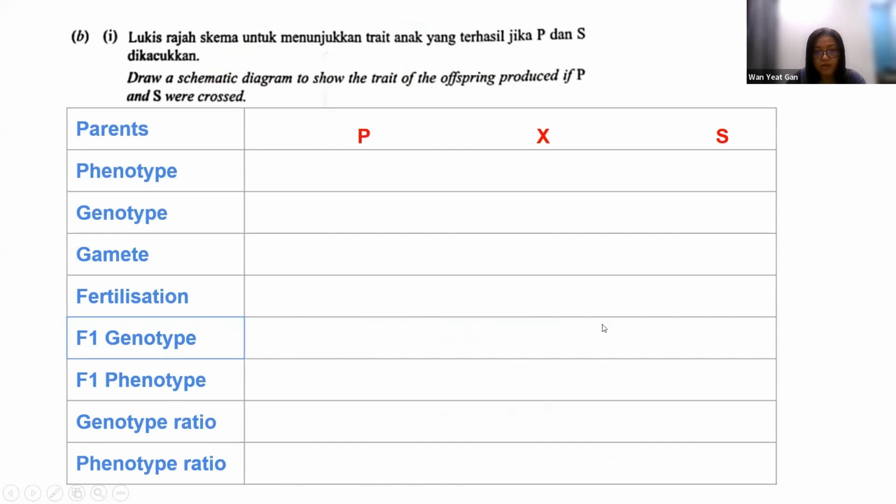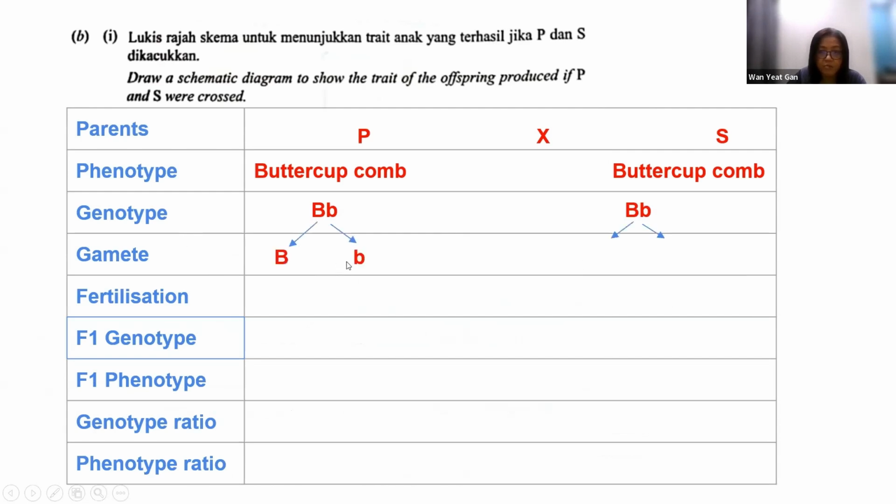Okay, so first write the parent P times S. Phenotype is buttercup comb times buttercup comb. Genotype Bb, Bb, both. Gamete big B, small b, big B, small b.